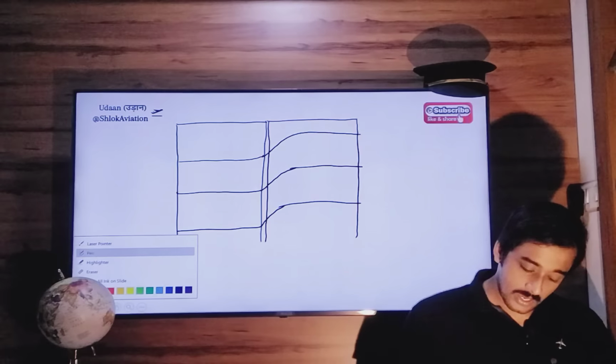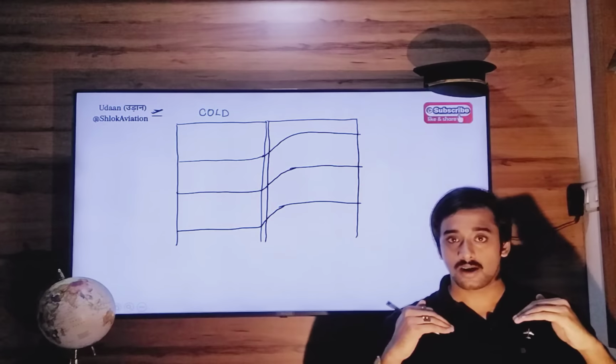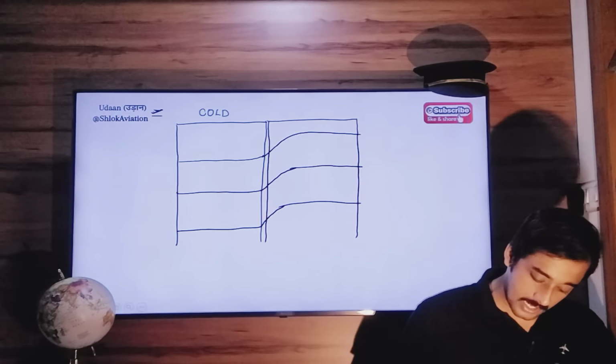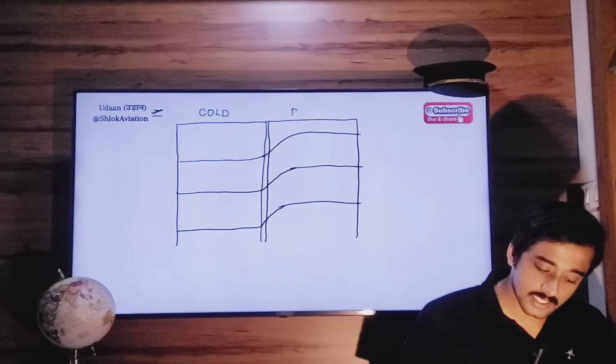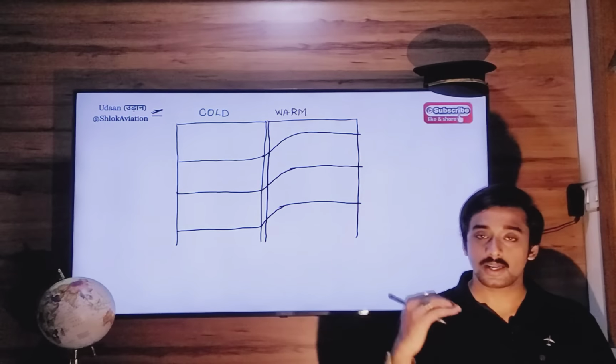In a cold air mass, pressure levels descend, come down. In a warm air mass, the pressure levels start rising.